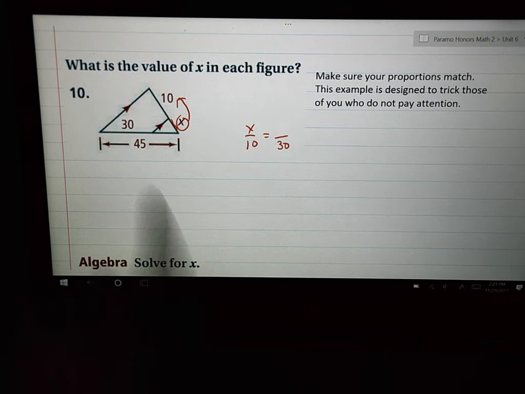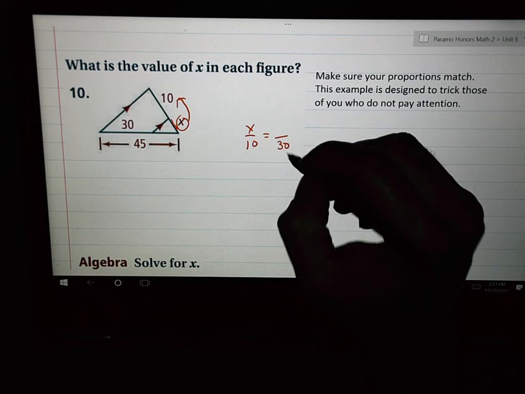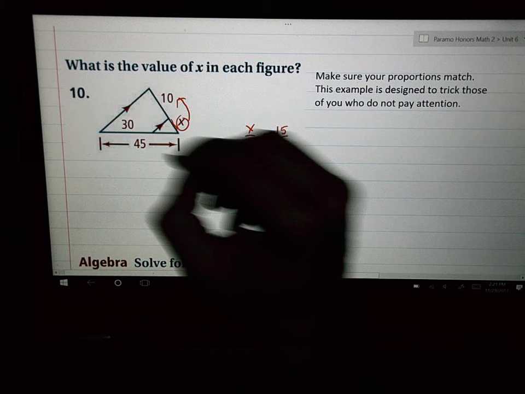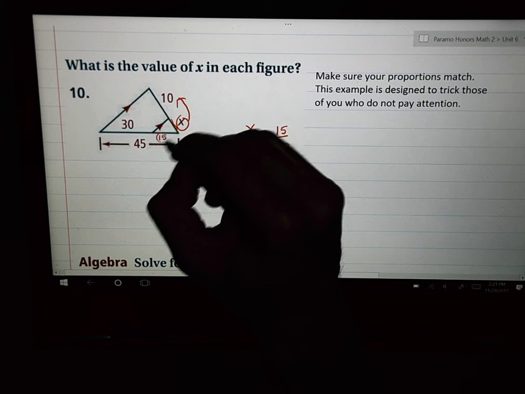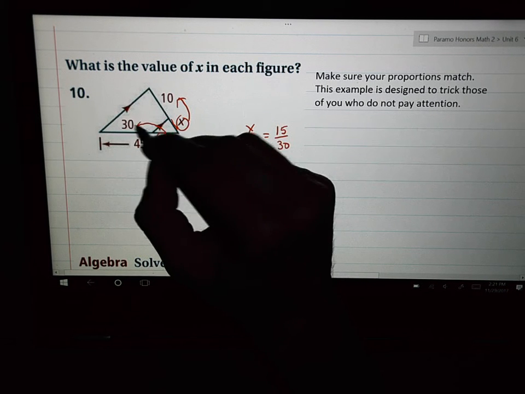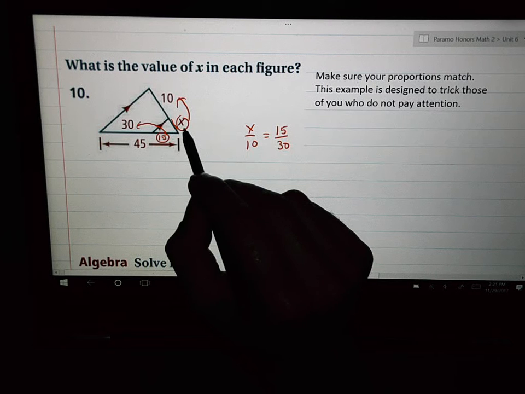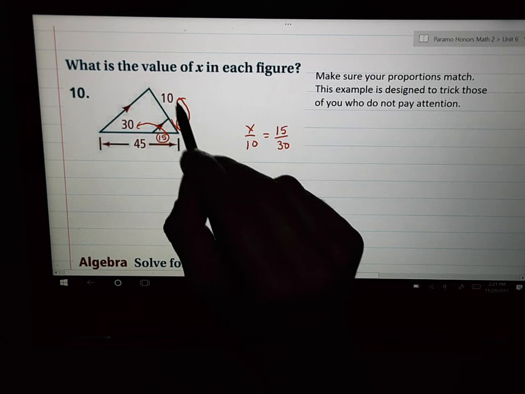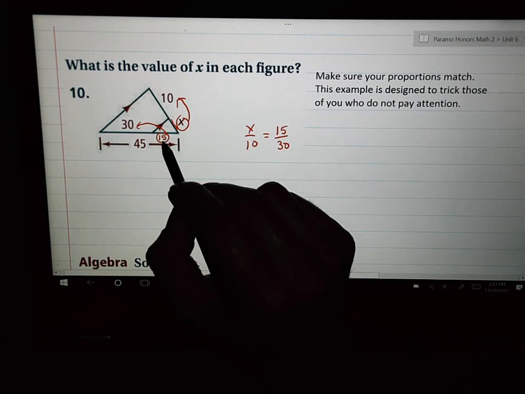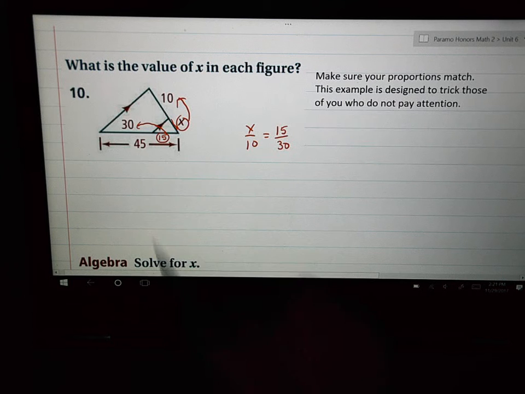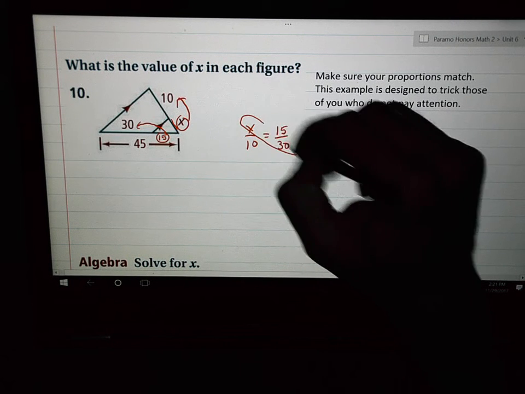You're going to use the 45 to figure out that it needs to be 15. This is 15. That's 30. That adds up to 45. Then you can go little triangle over the proportion side and the little triangle bottom over the bottom of the other one, and that's going to make sense. Cross multiply.